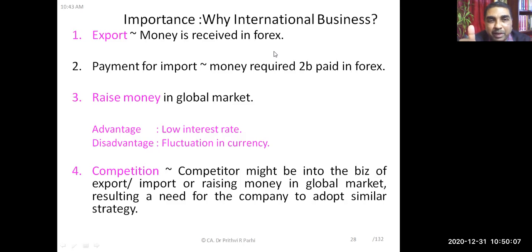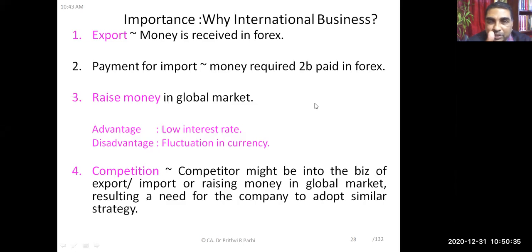Similarly, payments have to be made for import. Money has to be paid in foreign exchange. So knowledge of foreign exchange is important. Export is important, import is also important. Both things are unavoidable in today's business. Even if you do a small business, there might be a situation where you have to import something, you might have to export something.